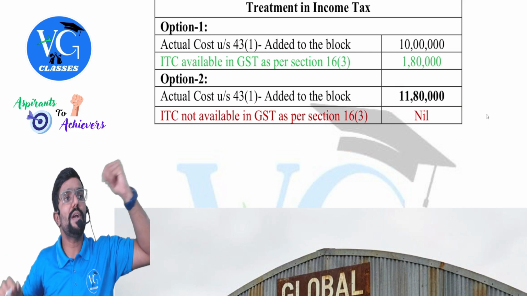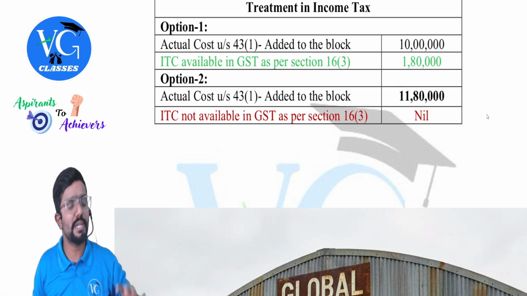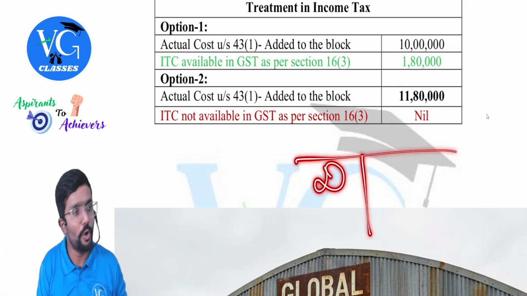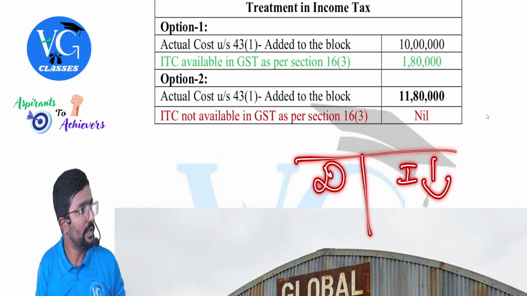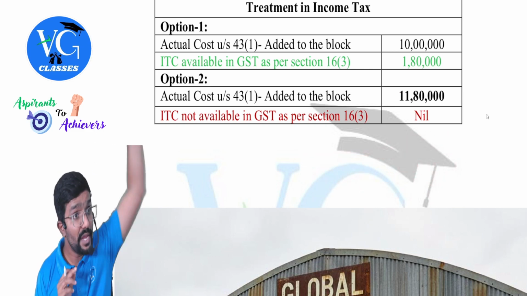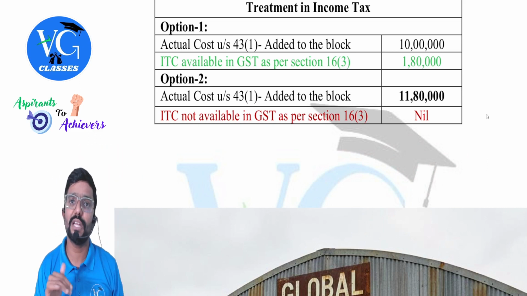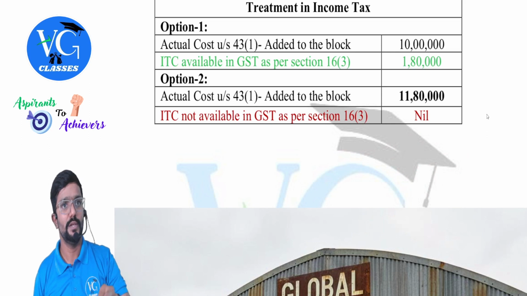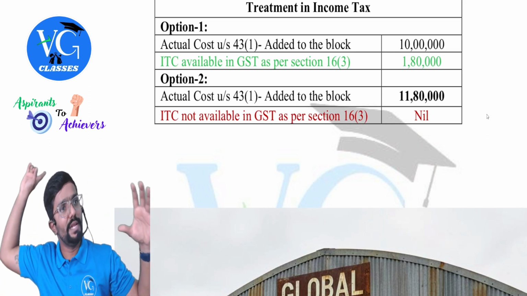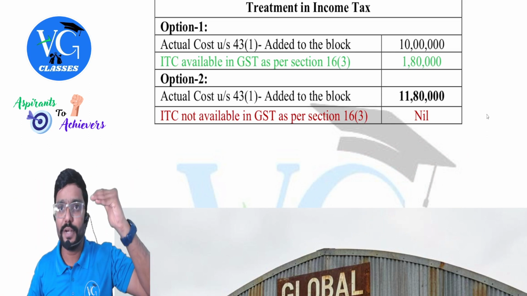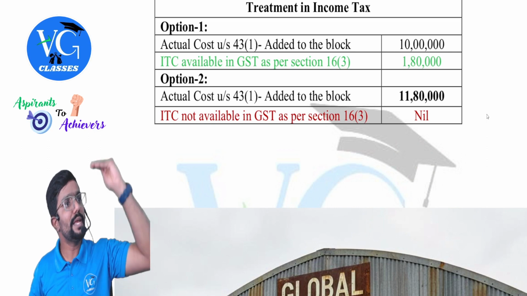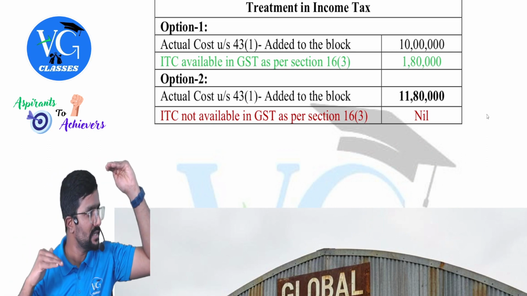Sir, what is the benefit of getting the depreciation? Guys, simple. Depreciation, you will debit it to P&L account. Automatically, your income will go down. You will end up paying less tax. Where? In income tax. Correct? I repeat. Is depreciation allowed as an expense? Yes. When you have capitalized more amount in income tax, you will claim more depreciation. Higher the depreciation, lower will be the income.